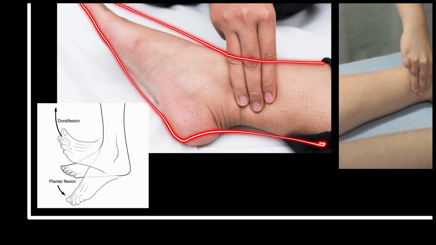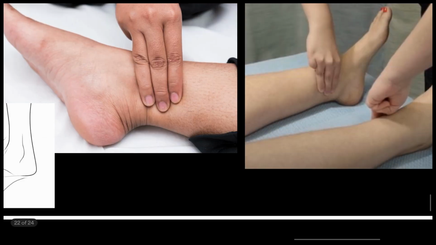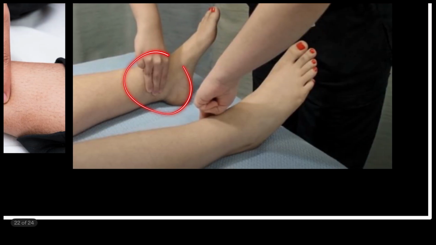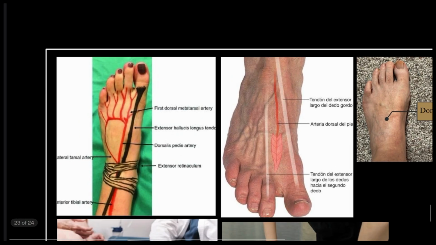When there is plantar flexion, the posterior tibial artery becomes lax, because if it is dorsiflexed like this, the artery would be stressed and it would be difficult to palpate the pulse. You can palpate both the sides simultaneously to compare and contrast between the two posterior tibial pulses.